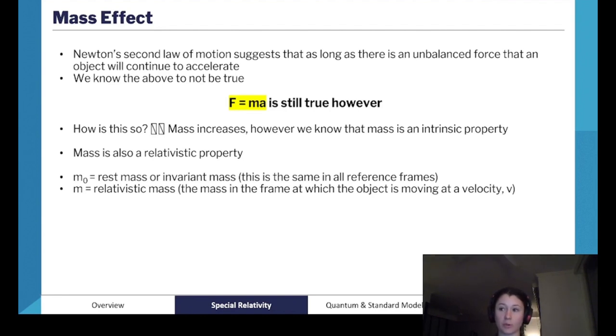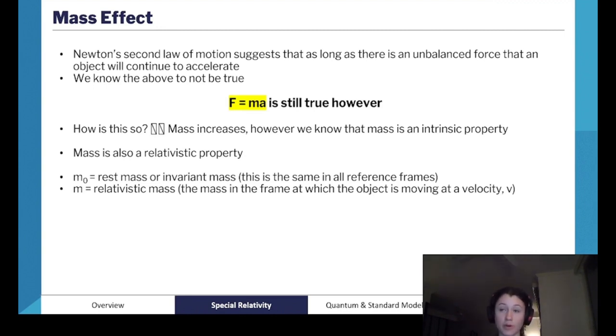So even if we're applying the same amount of force, or the rate of increase of the force is the same, the acceleration will actually decrease. As an object gets faster and faster, even if we keep putting more and more force into it, trying to get it to go faster, it will actually lose the ability to go faster.